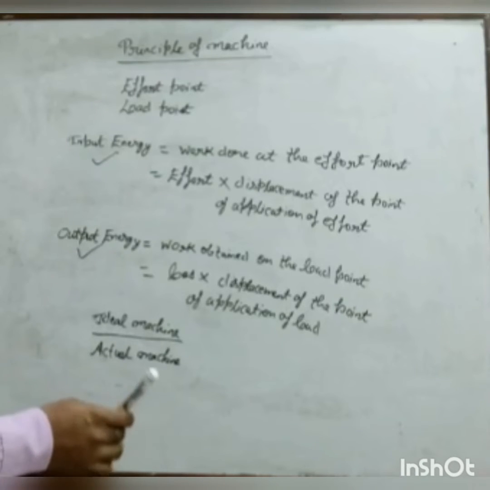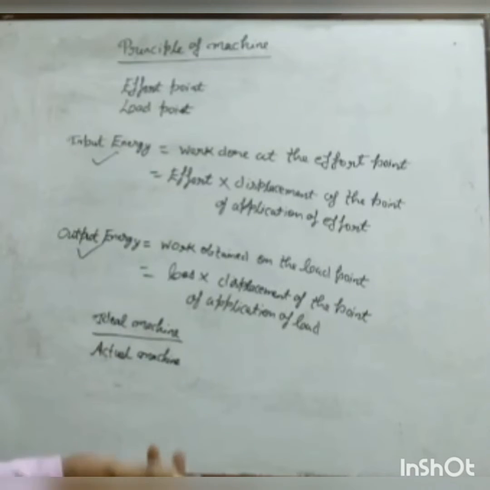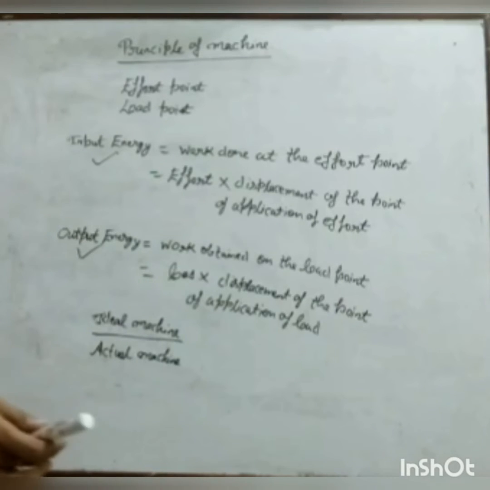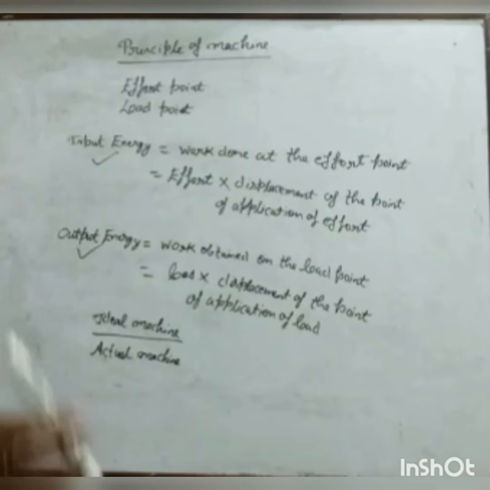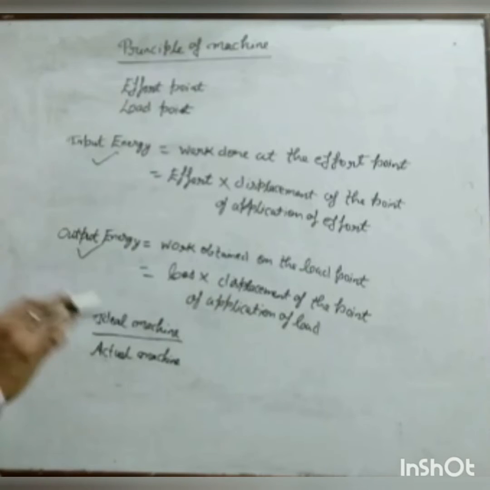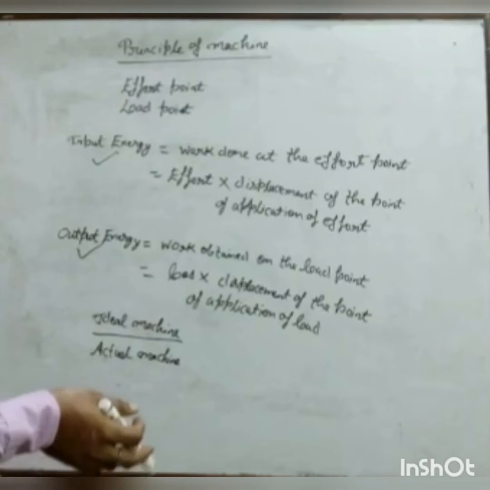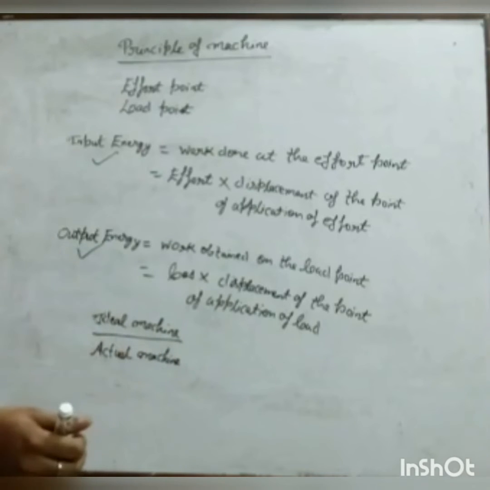The loss in energy is mainly due to the following three reasons. The first, the moving parts in it are neither weightless nor smooth or frictionless. The second, the springs in it are not perfectly elastic. And the third, its different parts are not perfectly rigid.